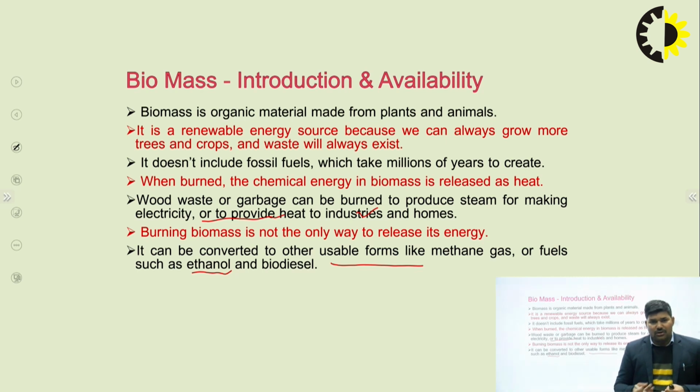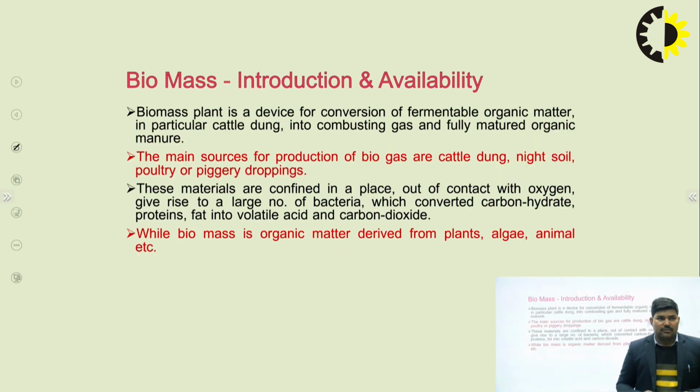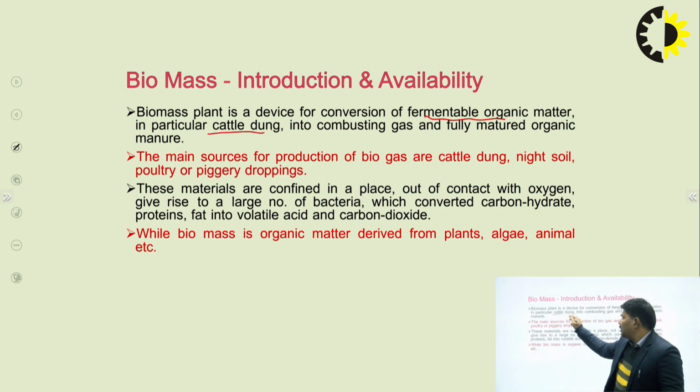The government is also promoting mixing ethanol up to 20%. So you can produce ethanol from biomass. A biomass plant is a device for the conversion, by fermentation, of organic matter, particularly cattle dung, into combustible gas and nutrient-rich organic manure.